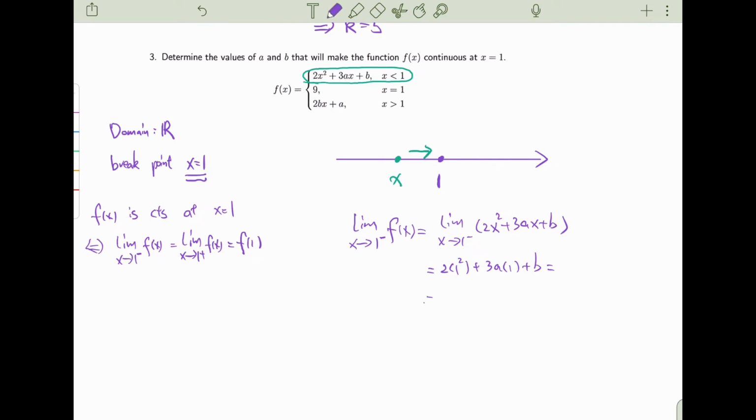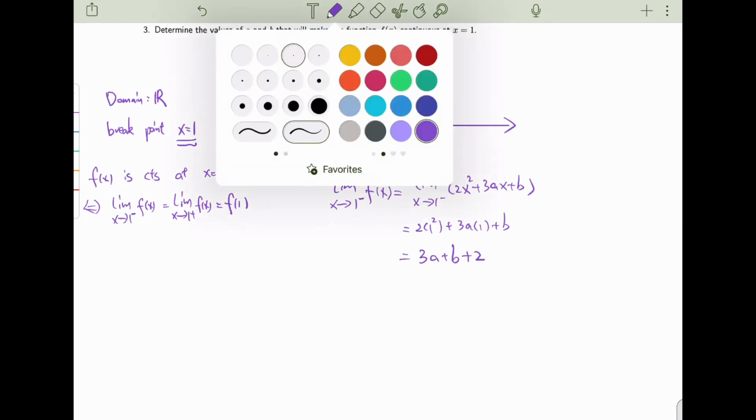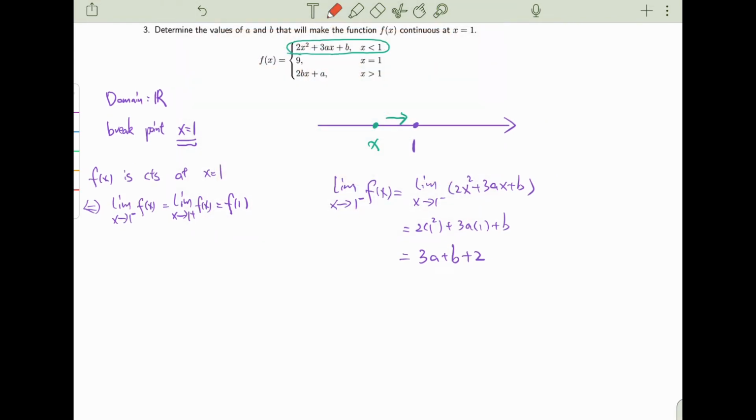That is equal to 3a plus b plus 2. And now I'm gonna choose another point that is on the right of 1, this orange x, and this point is gonna approach 1 from the right side.